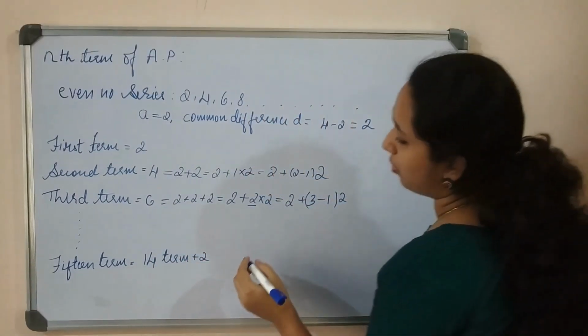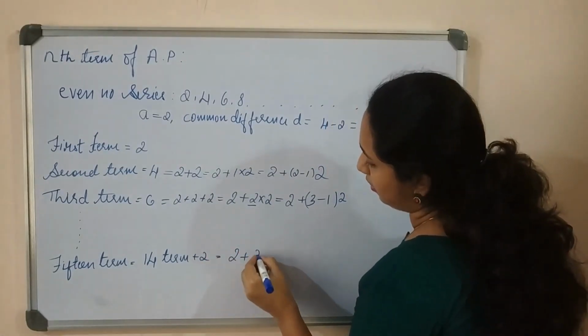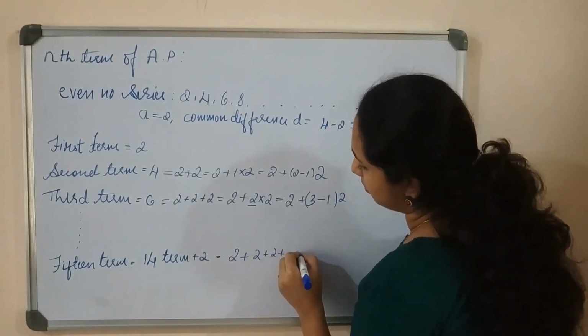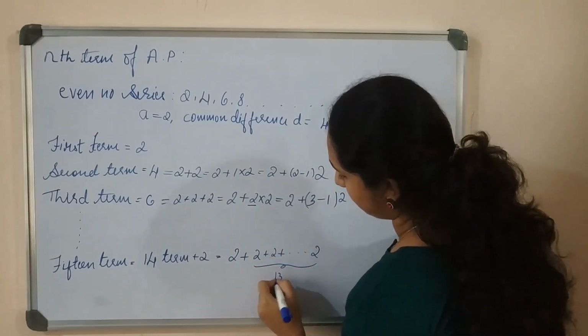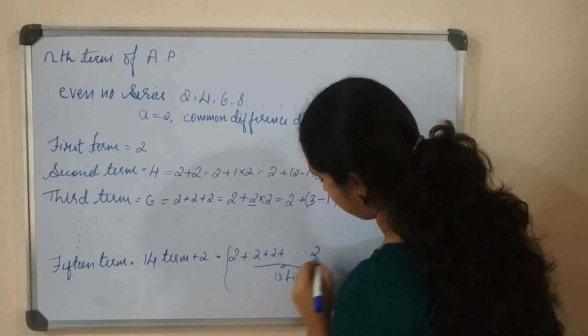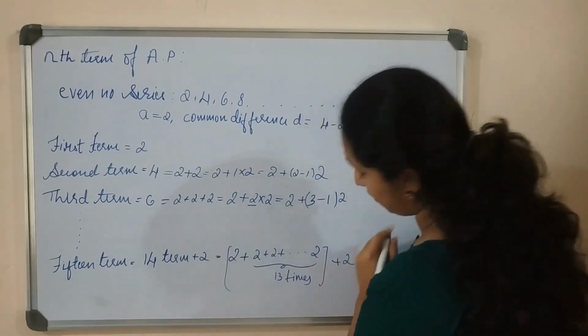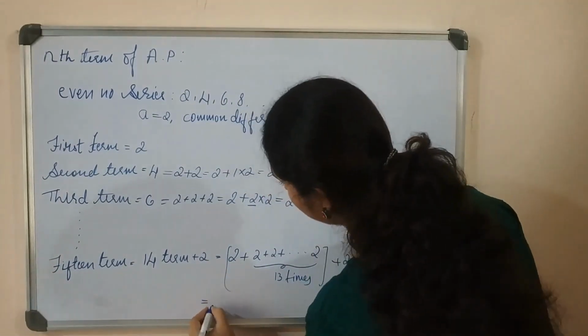Correct. So it will be 2 plus 2 plus 2 plus 2 and so on, till 13 times, plus 2.